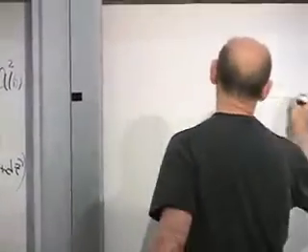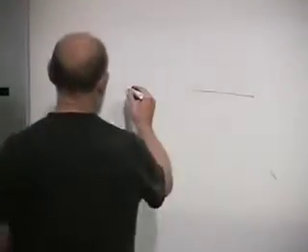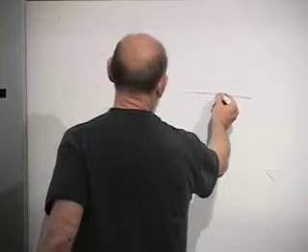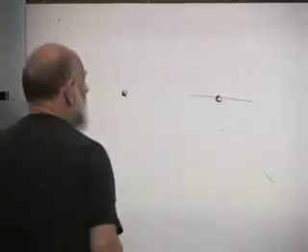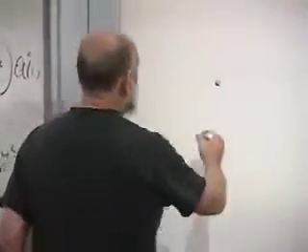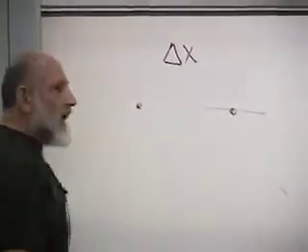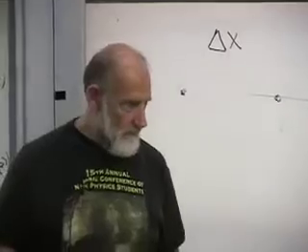They don't have to be along the x-axis, I'm just taking it that way for simplicity. And let's take the separation between them, the coordinate separation, not the actual distance, and call it delta x. Delta x does not change with time.